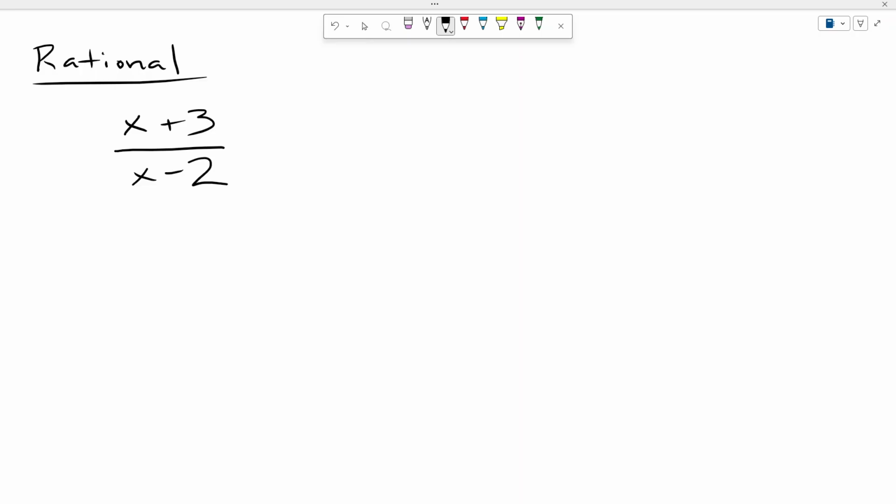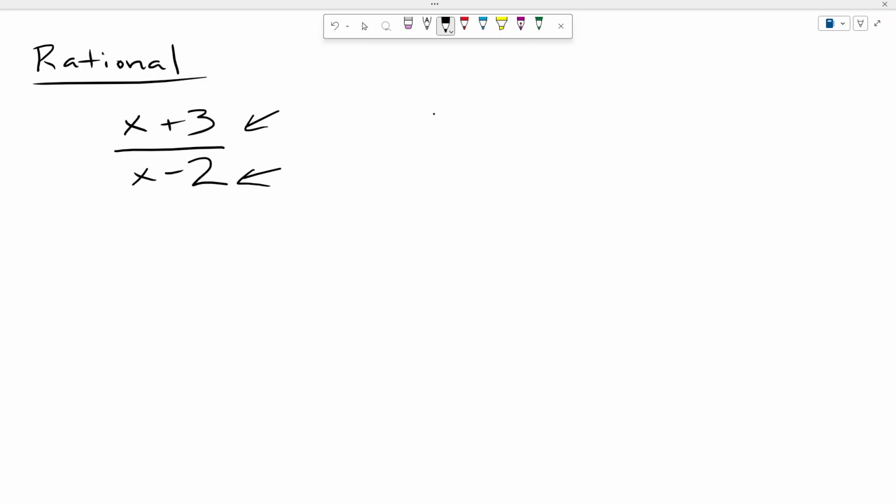We have a polynomial in both the numerator and the denominator. So we have a rational expression here, and all a rational equation does is contain one or more of these rational expressions.